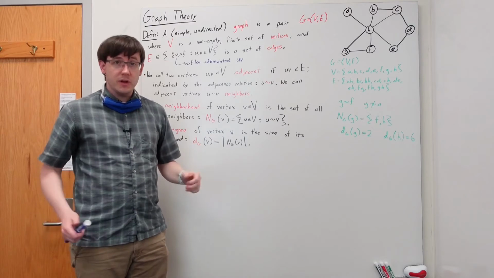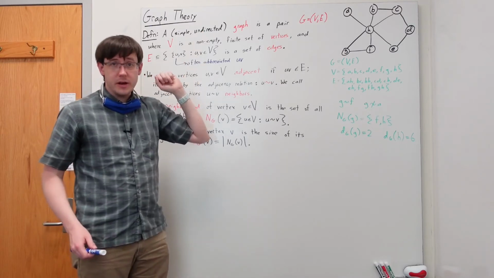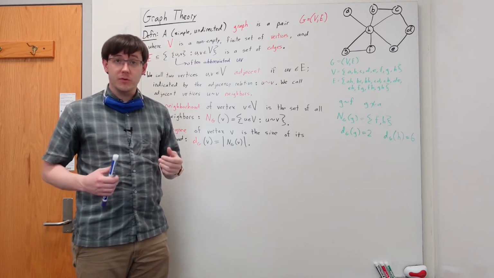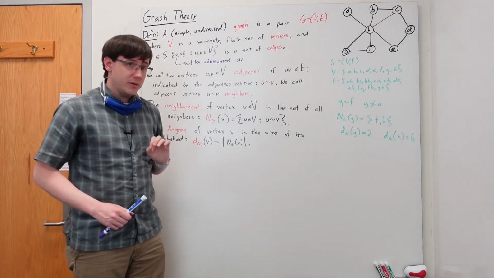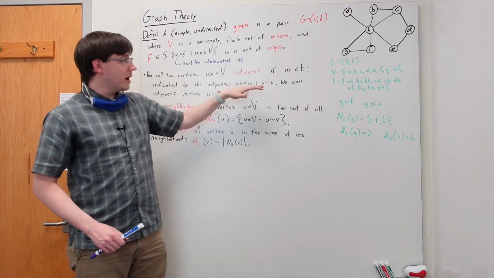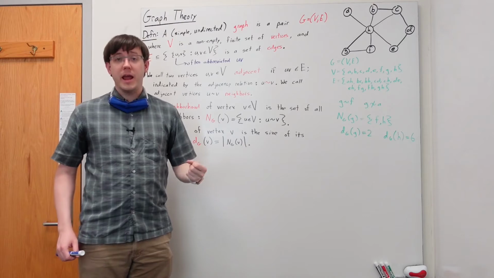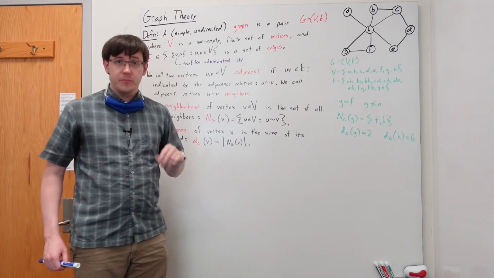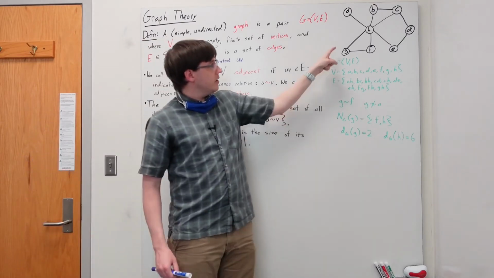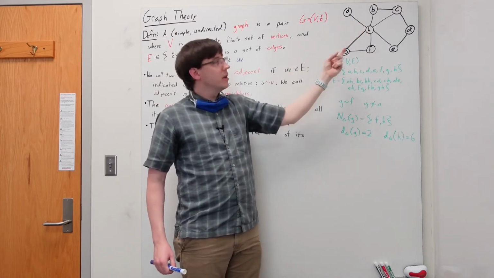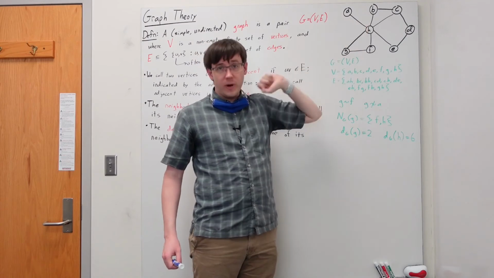Even though we're focusing on undirected graphs here, because directed graphs come up often enough in computer science, it's worth pausing for a moment to think about how these definitions would differ in a directed graph. Remember, a directed graph is one where we have ordered pairs for our edges, so each edge has a direction.